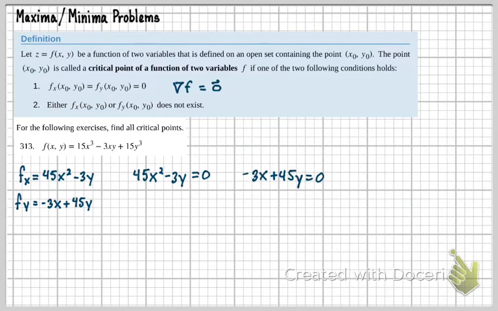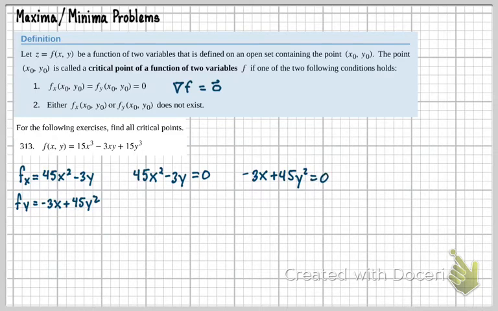We just set them both equal to 0. And then what we have here is a system of two equations, two unknowns. So what we can do is plug one into the other. Oh, this should be a 45y squared. I'm glad I caught that. Be careful, and make sure it's on yours. Okay, so that's what we have.